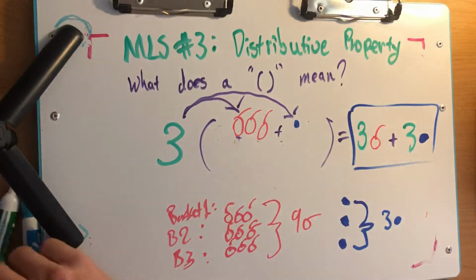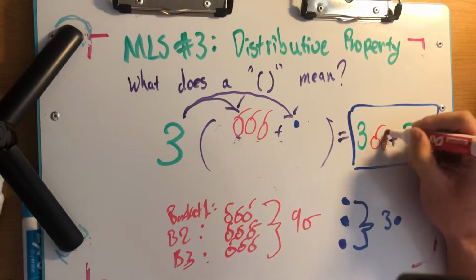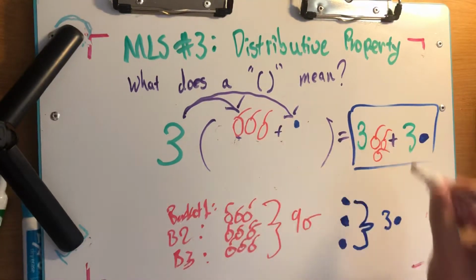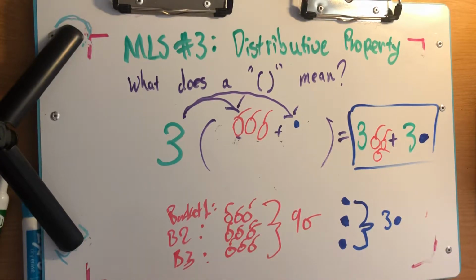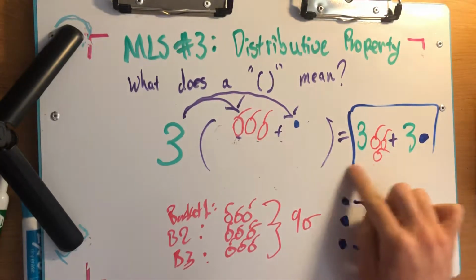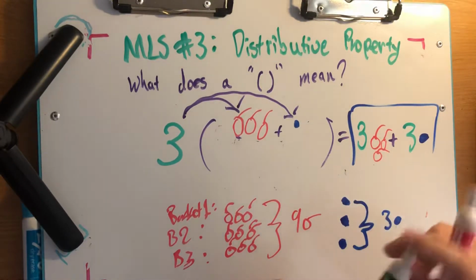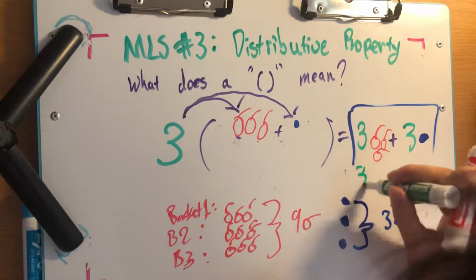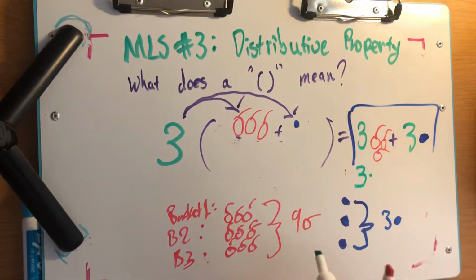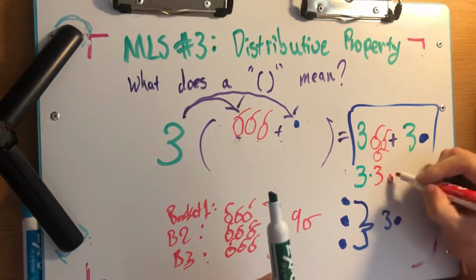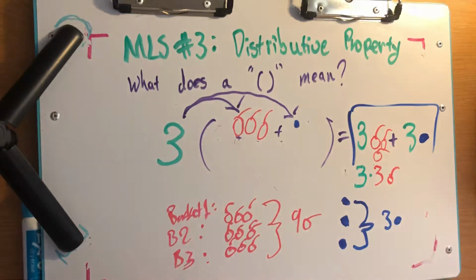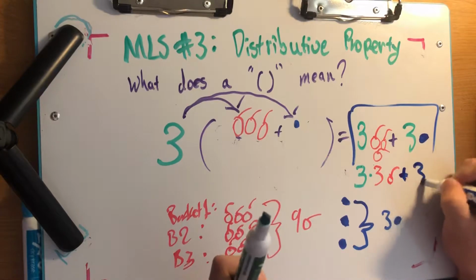Oops, I totally misdrew the cherries, because it was 3 groups of 3 cherries. So if we wanted to rewrite that and simplify it, it would actually be 3 times 3 cherries plus 3 blueberries.